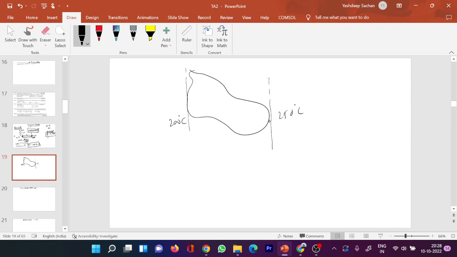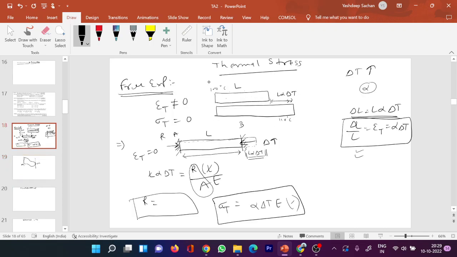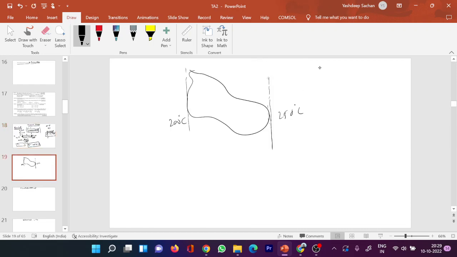Got my problem or not? Here the body is free, no supports, but a temperature gradient is there. This temperature gradient means here 200, here 201, 220, 225, like that it will come to 250.